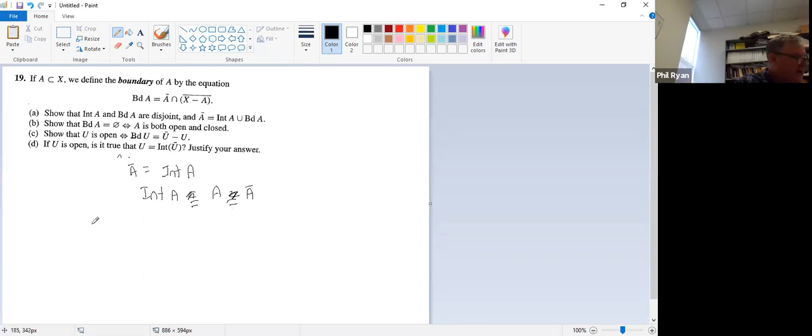And if A is open and closed, then A equals the interior of A because it's open. So the closure of A is equal to the interior of A union its boundary.